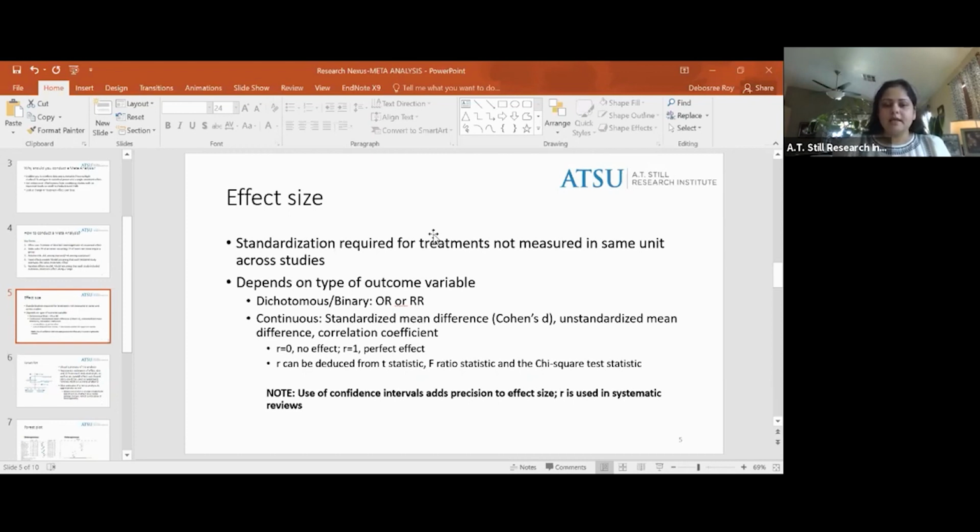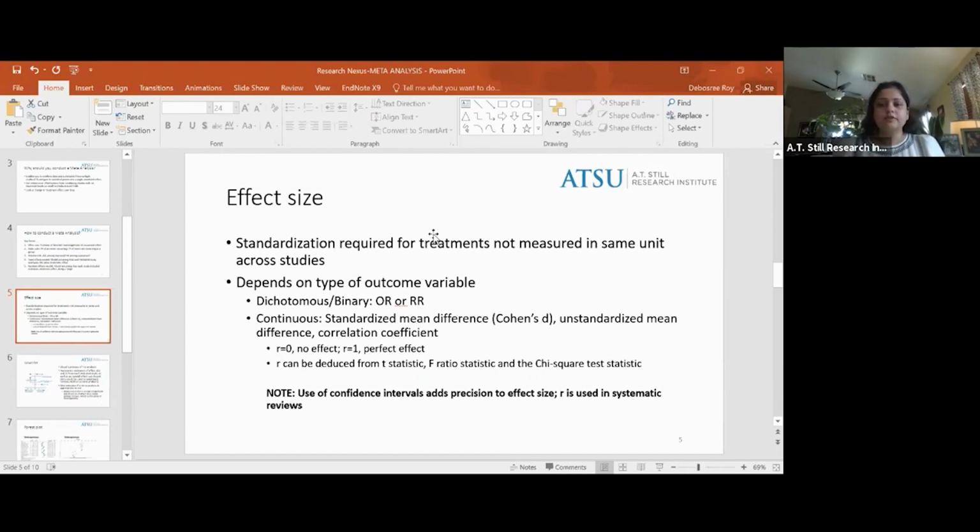There is a continuum of decision around a correlation coefficient. A correlation coefficient of 0 means no effect, and a correlation coefficient of 1 means perfect effect.